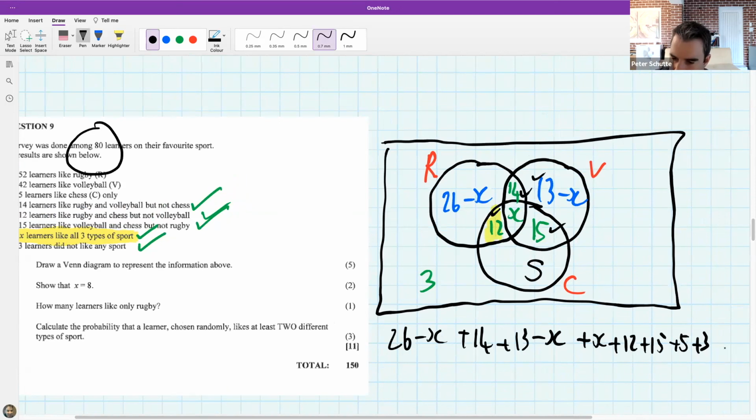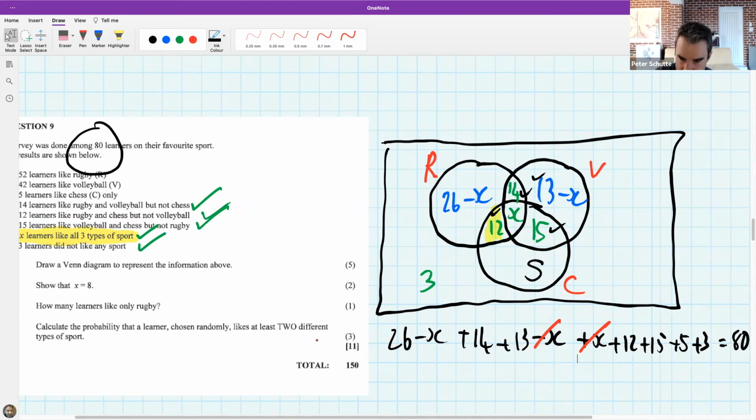What does that equal to? 80. So we get minus X plus X. They cancel each other out.